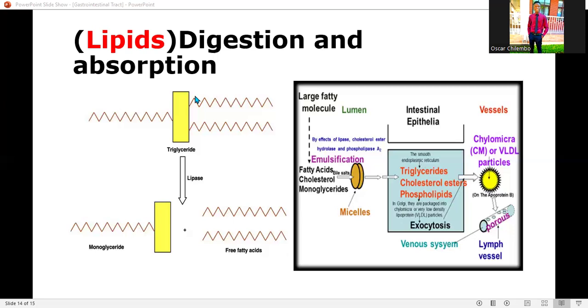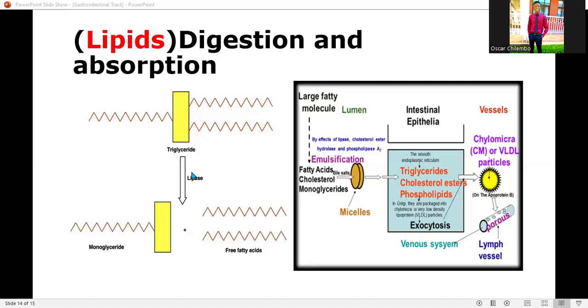We've broken it down into smaller components, and now the enzyme called lipase can act on the lipid. It is important to note that without bile salt, the breakdown or digestion of lipids is almost impossible.